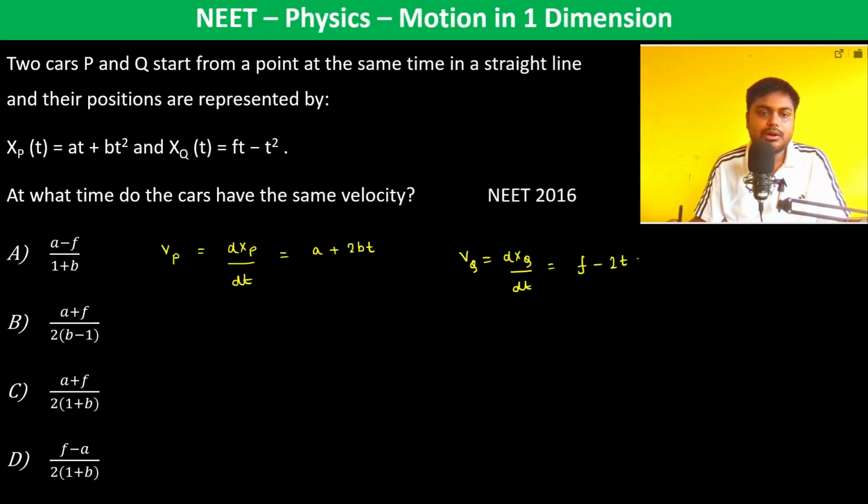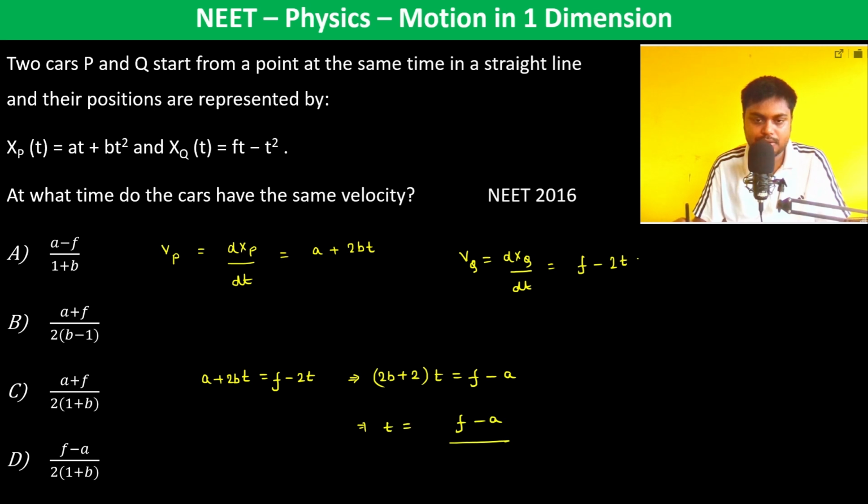Now they should have same velocity, so therefore a plus 2bt should be equal to f minus 2t. That means (2b plus 2) into t should be f minus a. So therefore the time taken is going to be f minus a divided by 2b plus 2.